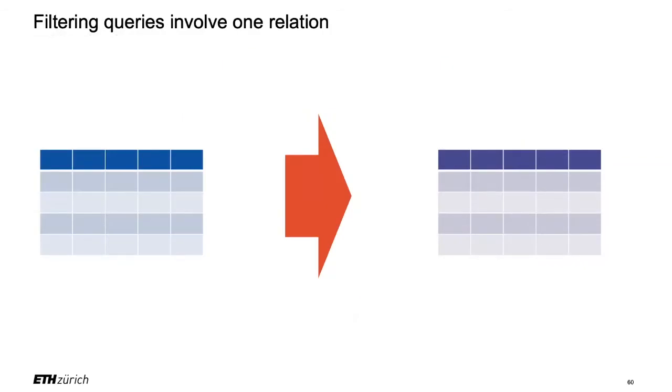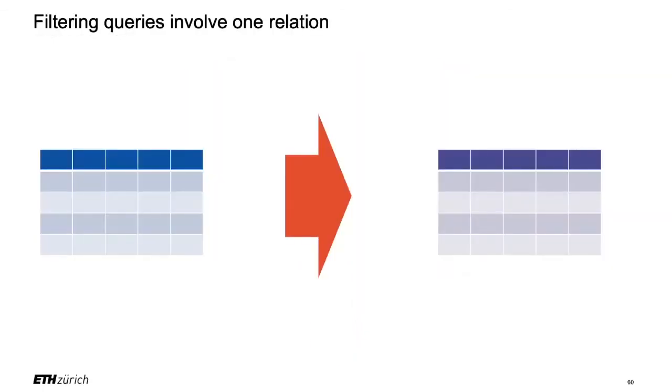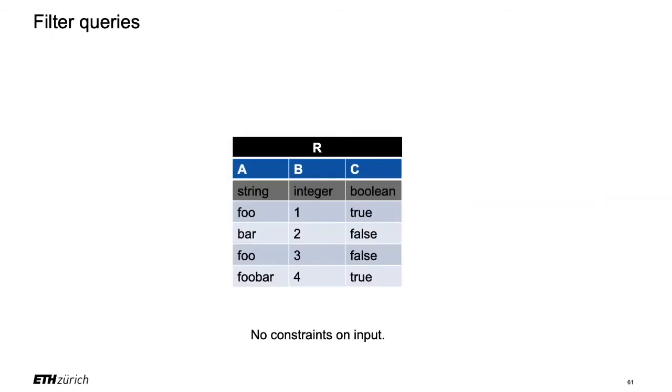All right. So filtering queries now. So this is no longer about sets. So I'm going to take one relational table and I'm going to do things or manipulate it to filter things, as the name indicates, filtering queries. I have good news.